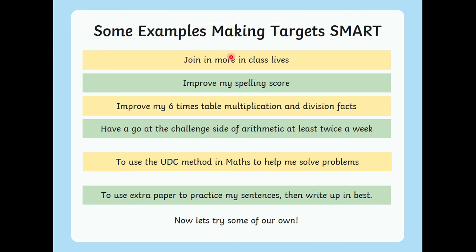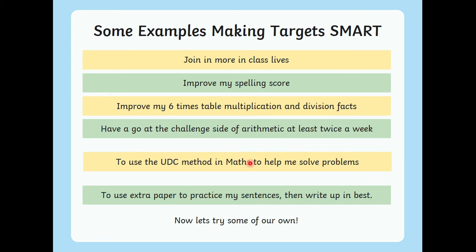Join in more in-class lives. Improve my spelling score. Improve my 6 times table, multiplication and division facts. Have a go at the challenge side of arithmetic at least twice a week. Use the UDC method in maths to help me problem solve. To use extra paper to practice my sentences, then write up in best.